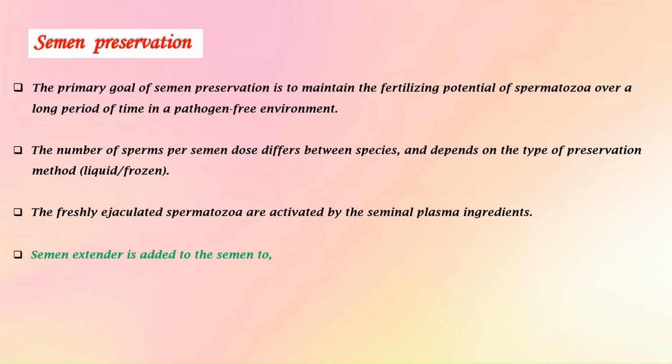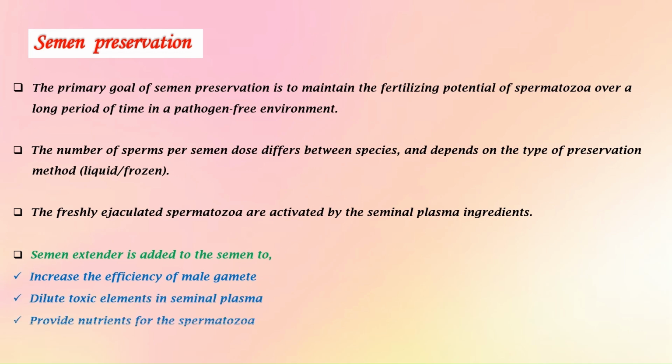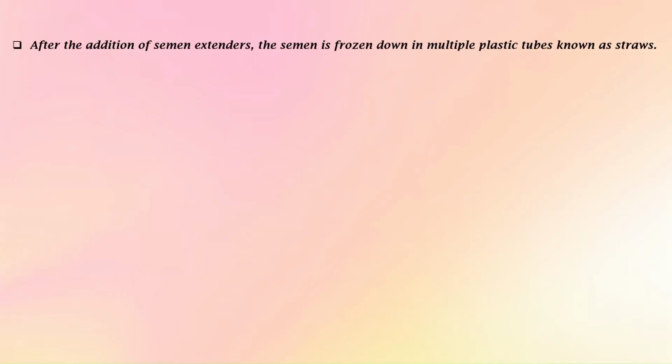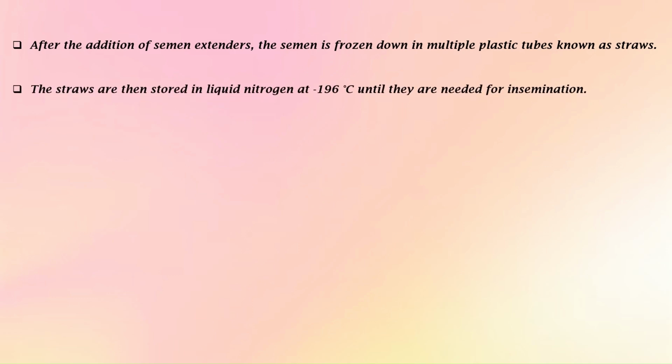Usually, semen extender is added to the semen, to increase the efficiency of male gamete, to dilute toxic elements in seminal plasma, and to provide nutrients for the spermatozoa. After the addition of semen extenders, the semen is frozen down in multiple plastic tubes, known as straws. The straws are then stored in liquid nitrogen at -196 degrees Celsius, until they are needed for insemination.